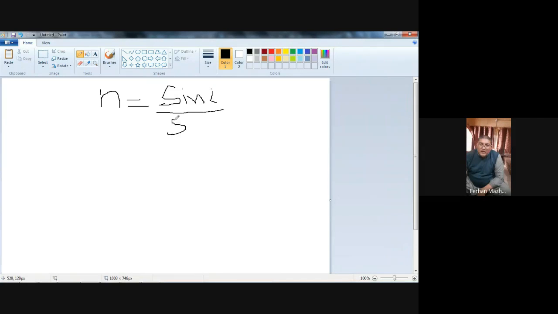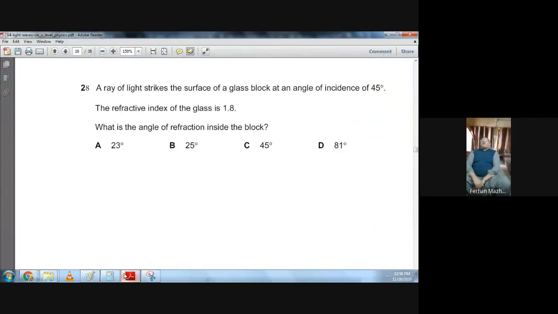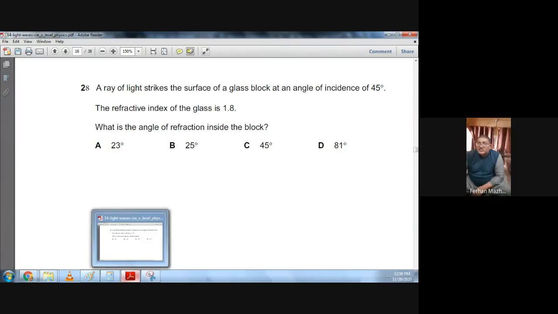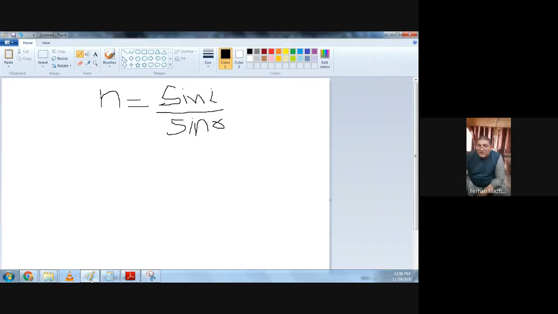In the denominator we always put the angle which is in the air, or in the rarer medium. Let me see the diagram again. Inside the block, the angle of incidence is 45 and the refractive index is 1.8.